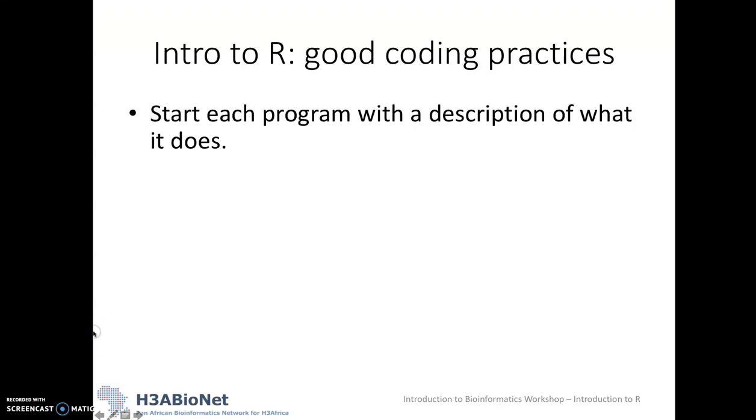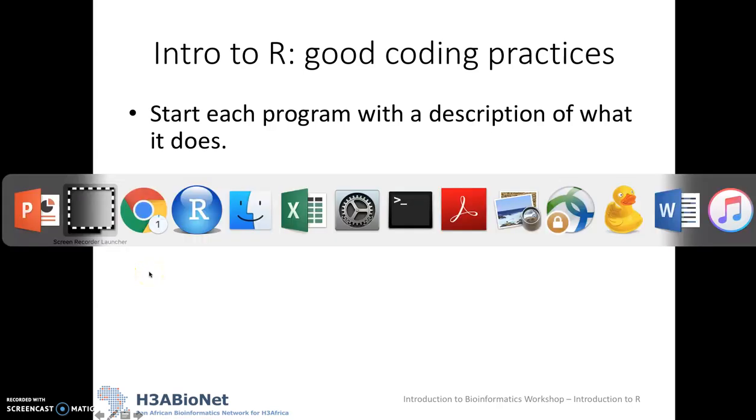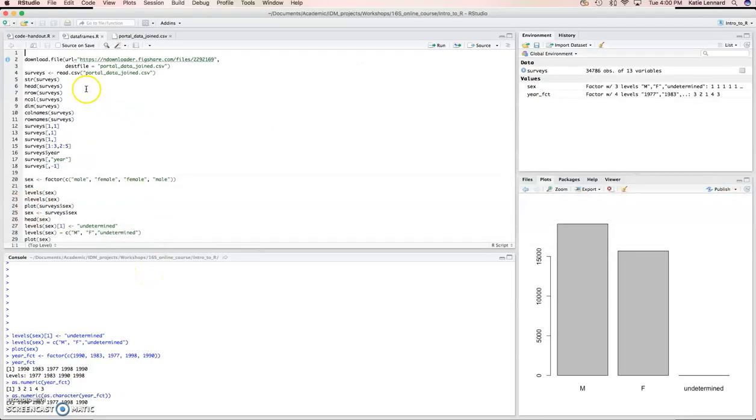So the first thing you need to remember is that it's good to start every R script with a description of what it does. So let's try and make this little messy selection of code that we were practicing on here a little bit more user-friendly.